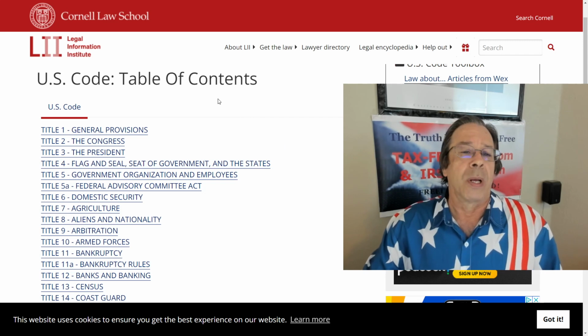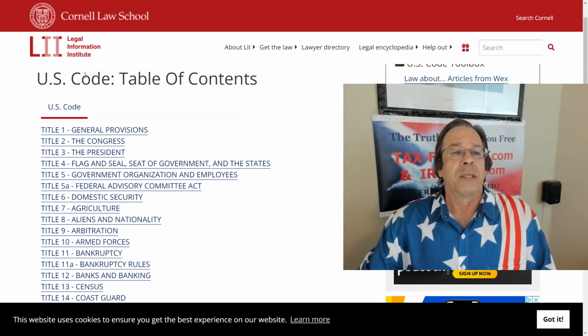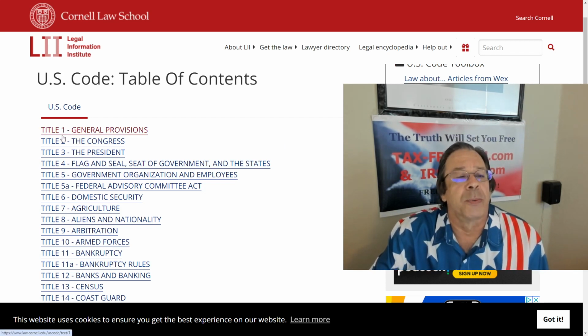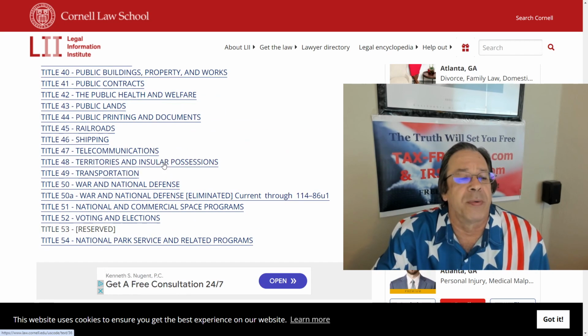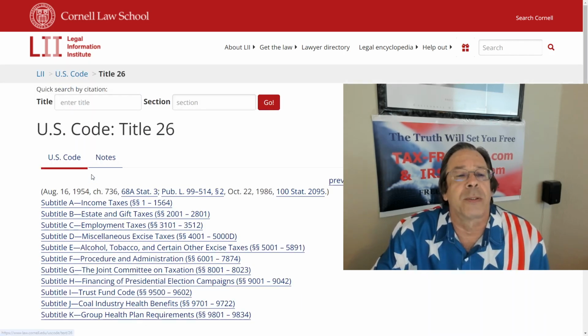We're using the Cornell Law Library here. We've got the United States Code, the table of contents. You can see here are the various titles: one, provisions; two, Congress, the president. We go through it. You've got 54 titles in total. And here, Title 26, Internal Revenue Code.